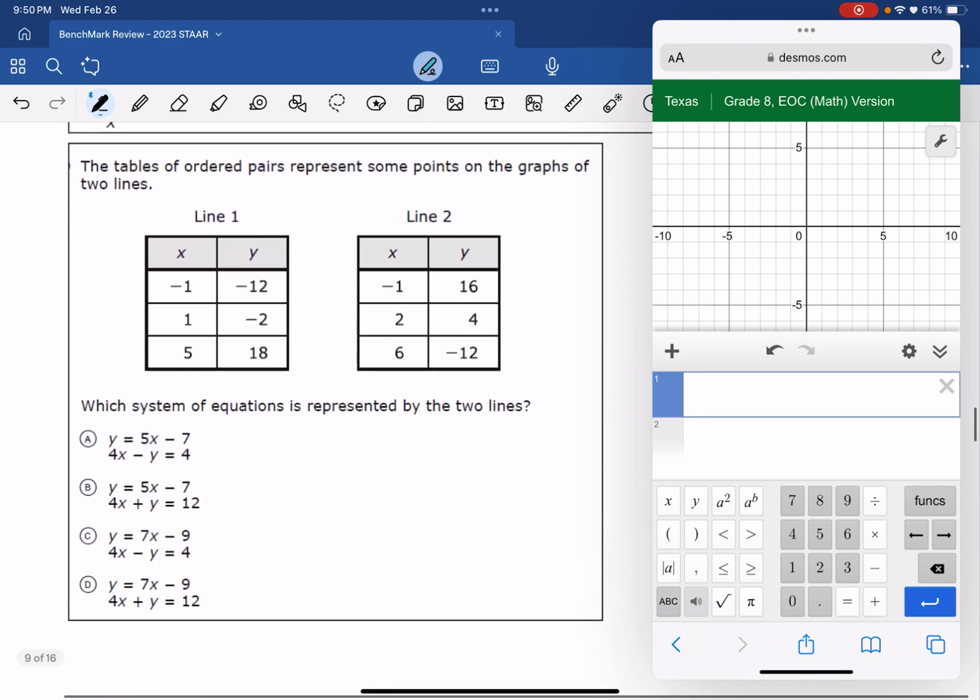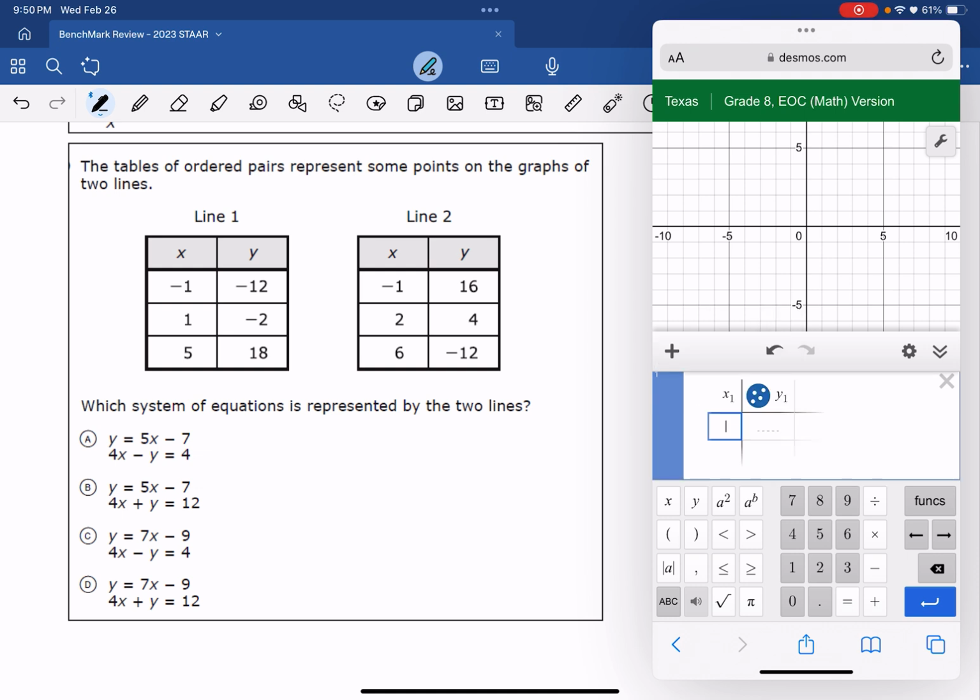All right, this one right here is going to take 2 calculator tricks in one. So yes, I'm going to create a table. I'm going to create 2 tables. So when I create my first one, -1, 1, and 5, right? -12, -2, and 18. Remember that first line is going to get y1 squiggly line mx1 plus b.